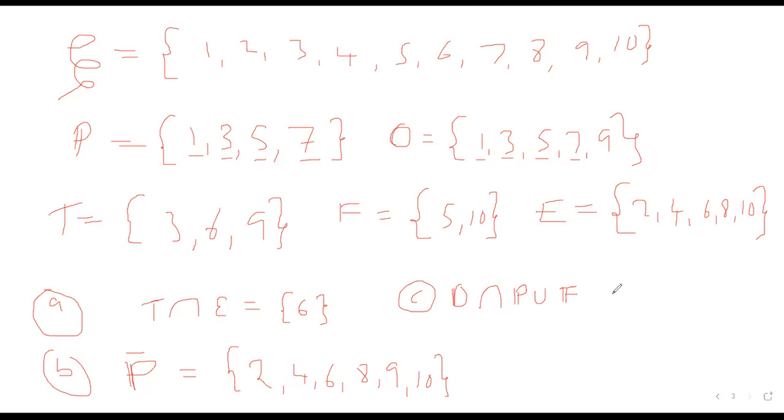So here we're going to look at 1, 3, 5, 7. Then we compare it now to F. We unite it, right? So union, which is 1, 3, 5, 7, 10.